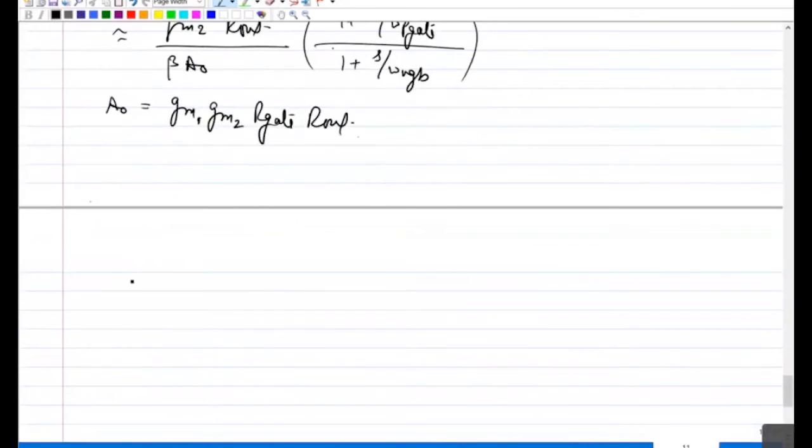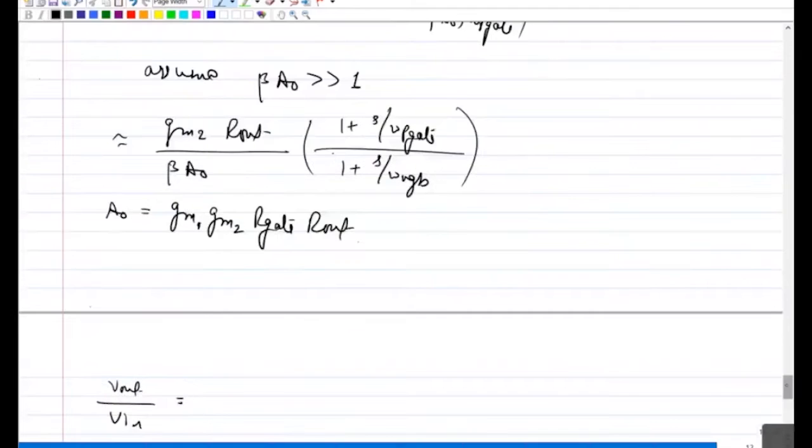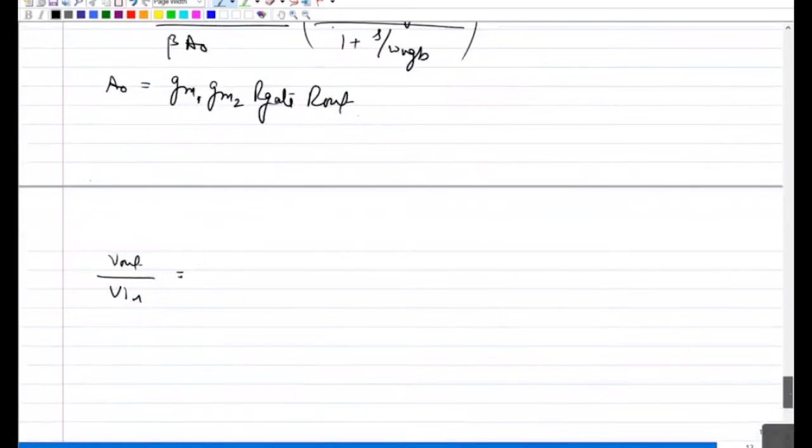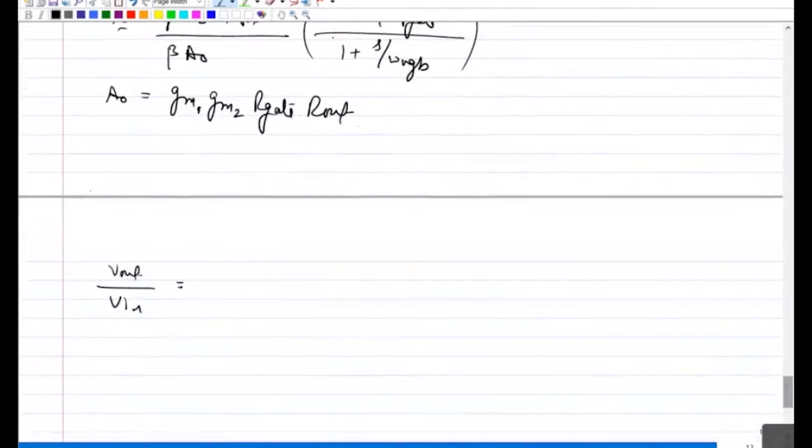So I'll substitute this. So what you get? V out over V in. So what will happen? Your R out and GM2 will get cancelled out. So what you get is 1 over GM1 R gate, or with beta.